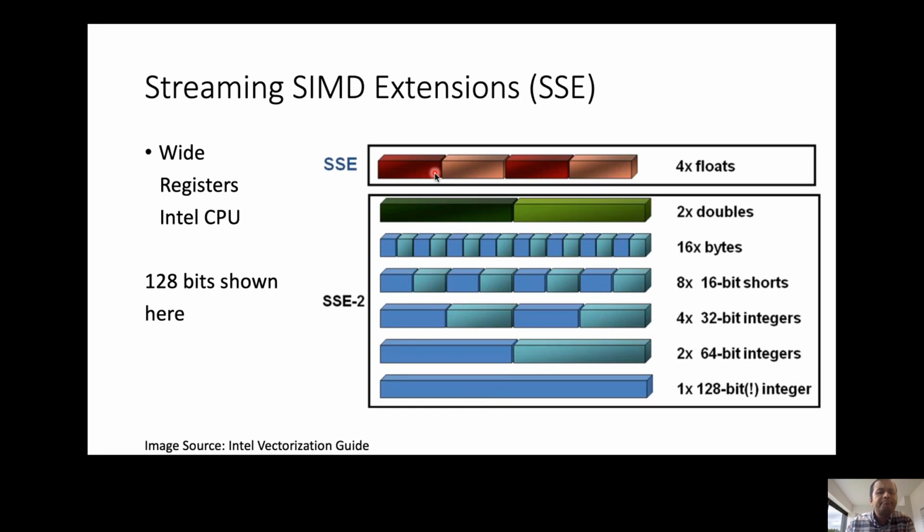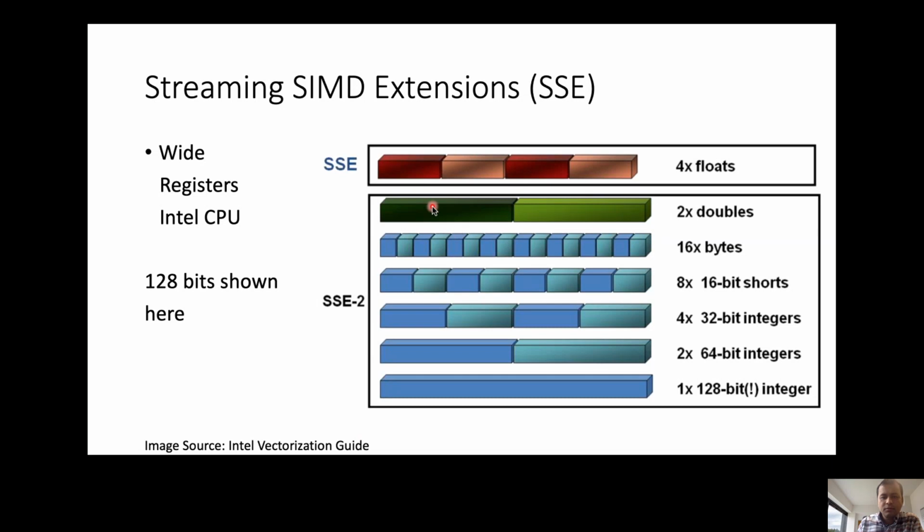Now this example I've taken from the Intel Vectorization Guide, which is available online, and they give an example of SSE, streaming SIMD extensions, and SSE2, which is the second version of SSE. So in the last slide I mentioned that the registers are wide. So in SSE, these vector registers, for example, can have 4 floating point numbers.